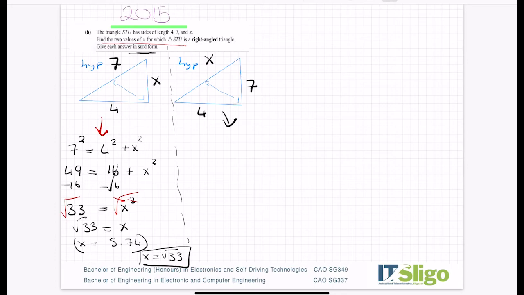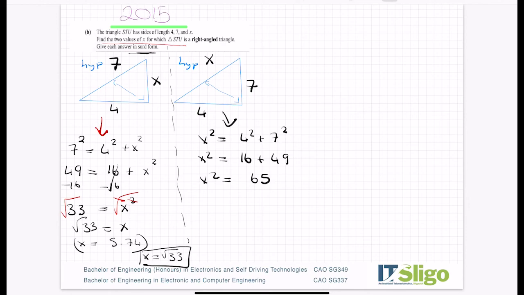Let's try this one. So my hypotenuse squared, this time my x is the hypotenuse, is equal to the other two sides squared. And it doesn't matter the order I put it down in. So 16 and 49. You can see it's the same numbers as over here, just in different locations.